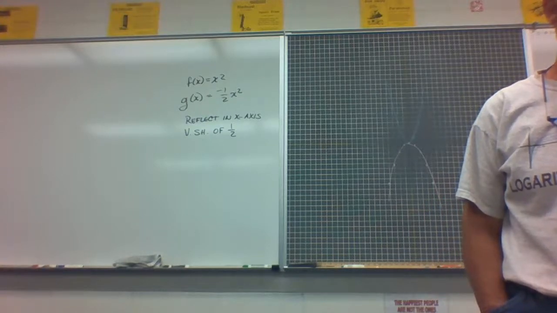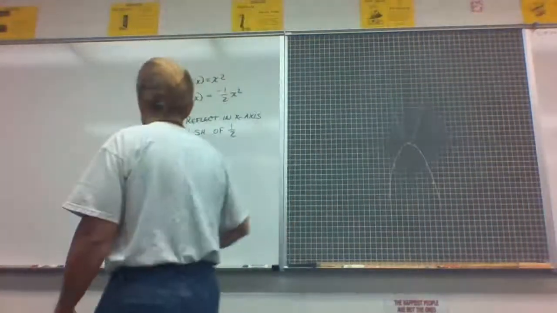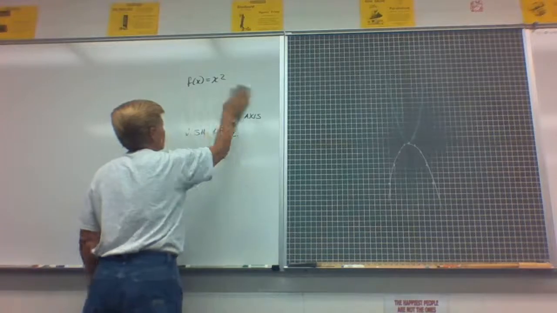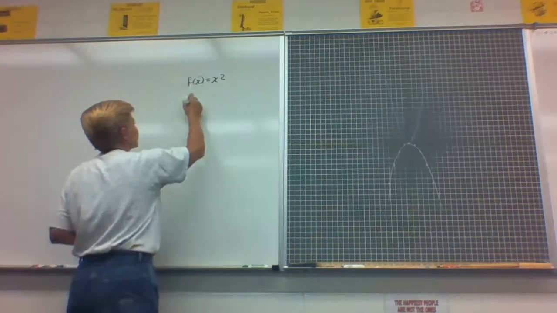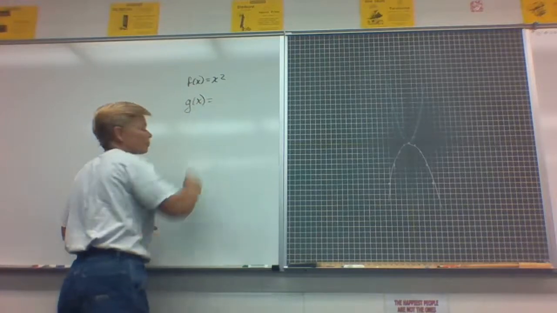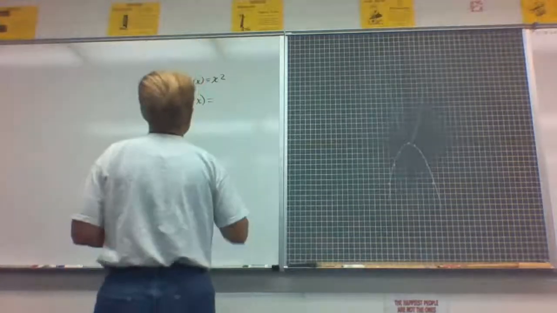B part. It says g of x is, in parentheses, 2x squared plus 1. So the new g for the B part after transformation is going to be 2x in parentheses squared plus 1.